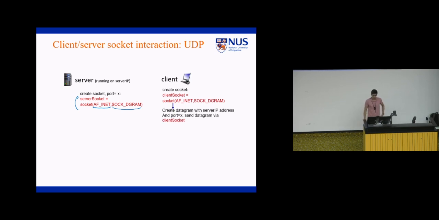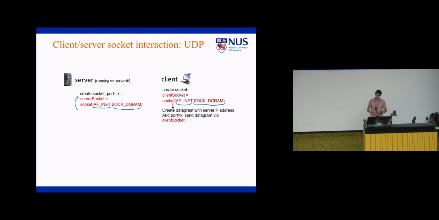Well, the client does something similar. It creates a socket. Same, it is Internet version 4, and it is a UDP datagram socket. So it creates this datagram with the server IP address and port number X, and sends the datagram via the client socket. Here we are not specifying the client's port number and the IP address when creating the socket.